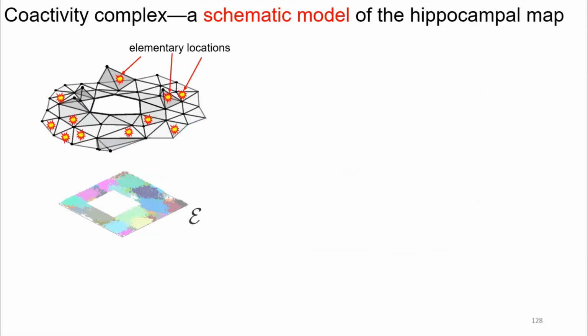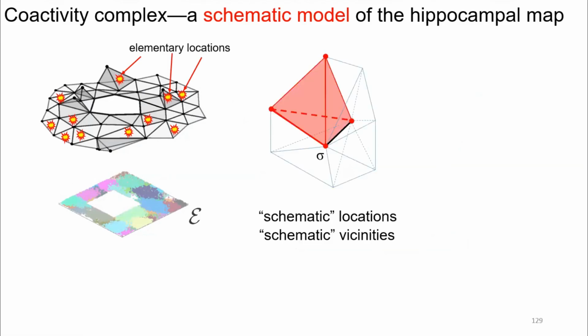We can look at it as a prototype of a space, if you will, in which every simplex, think about this as a piece of a simplicial complex. This is a simplex sitting somewhere here, right? So the simplex schematically represents an abstract location in a memory space, and the simplexes that surround it represent a vicinity.